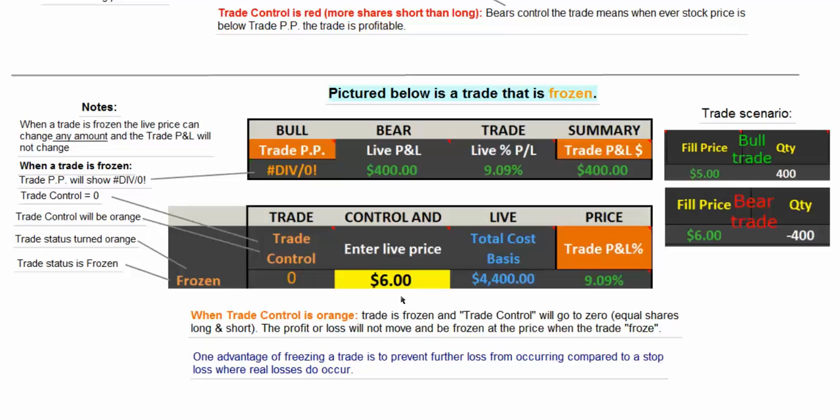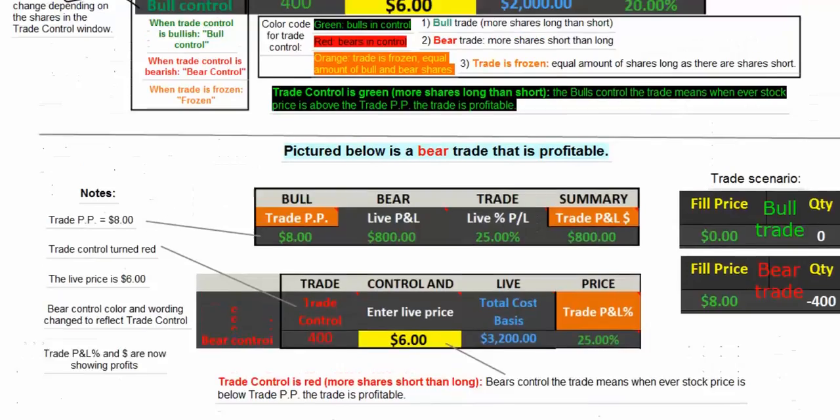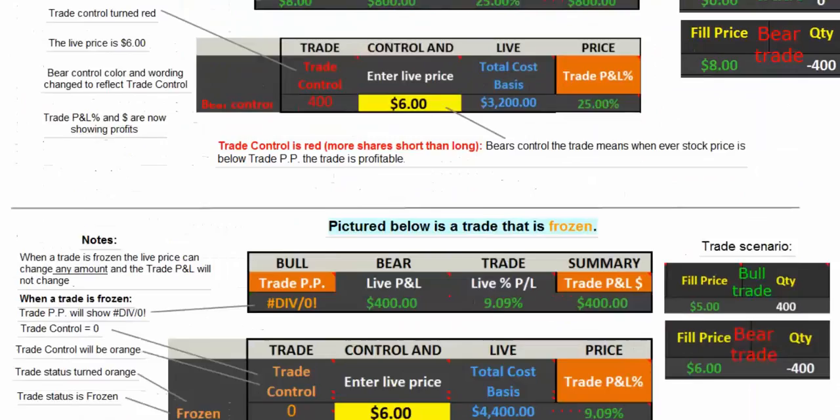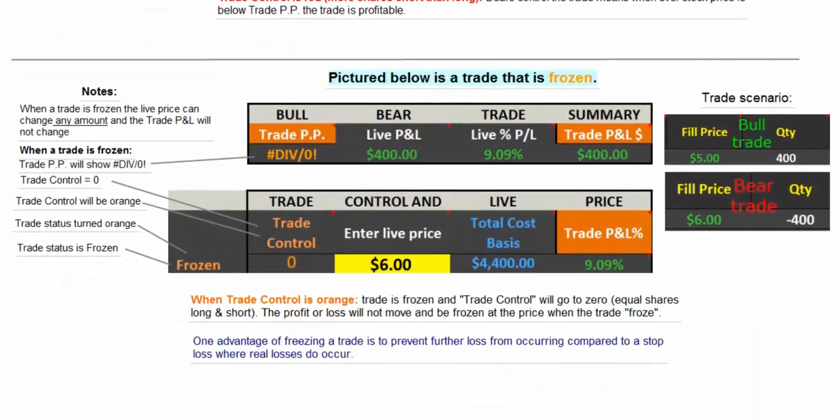If you're in this situation, well, there's not a situation showing a loss here, but if you are in a trade situation where your trade P&L is negative, in other words, you're losing money, just freeze the trade. If you're in a bear situation, you want to go long 400 shares.